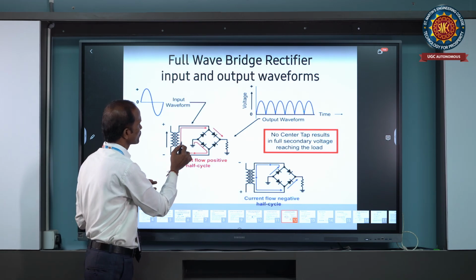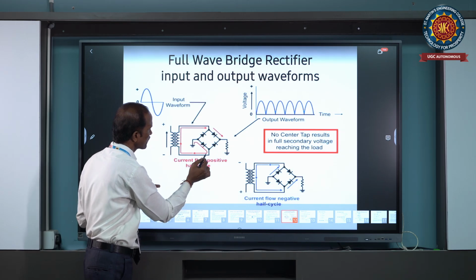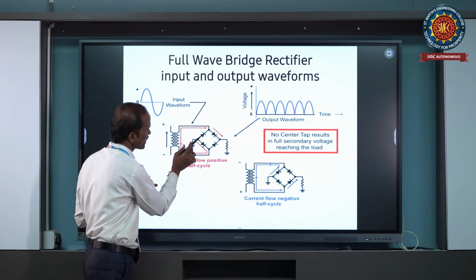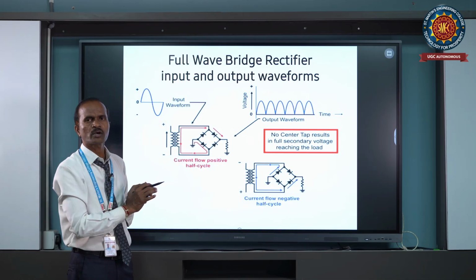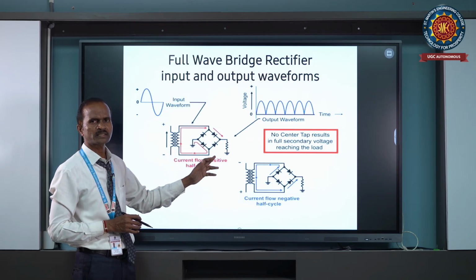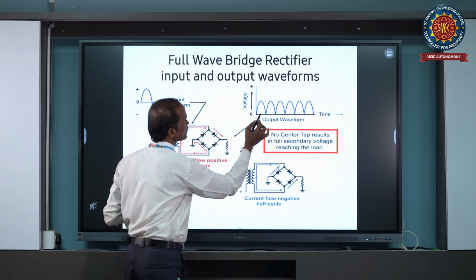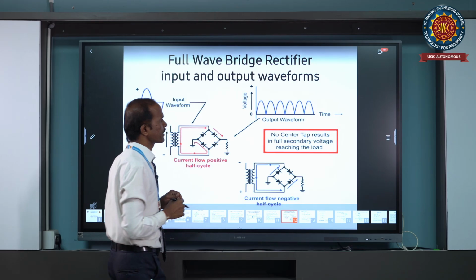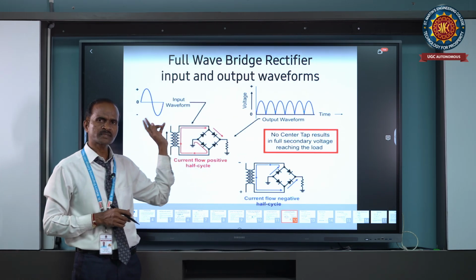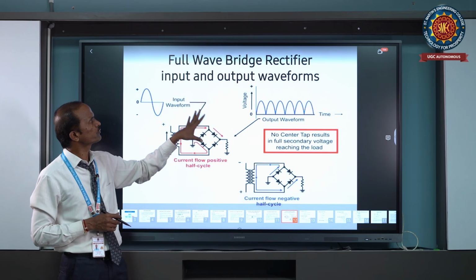The current is passing through the load resistor RL, so the voltage is dropping across the output resistor. Again in the negative half cycle we get an output waveform. In this case two half cycles of the input signal are conducted by the rectifier, that's why it is called a full wave rectifier.